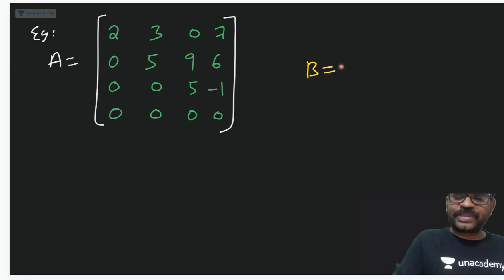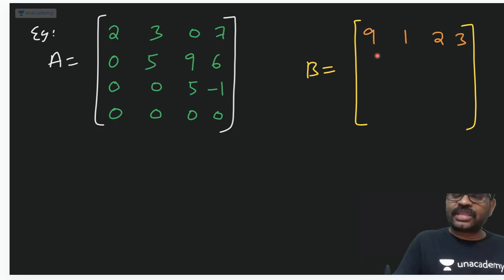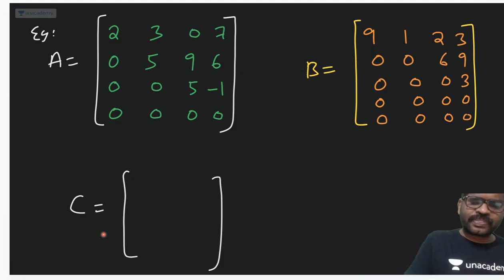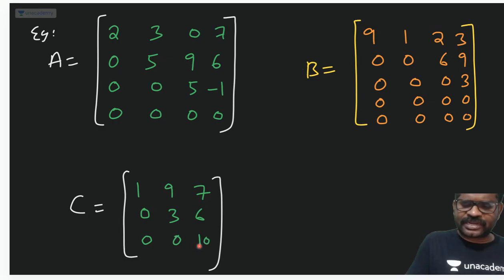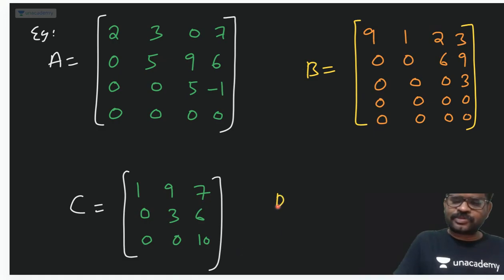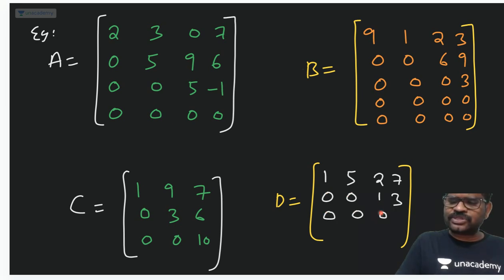Next example, matrix B: 9 1 2 3 0 0 6 9 0 0 0 3 0 0 0 0 0 0 0 0. Then 1 9 7, 0 3 6, 0 0 1 0. Consider here, suppose matrix D: 1 5 2 7, 0 0 1 3, 0 0 0 6.